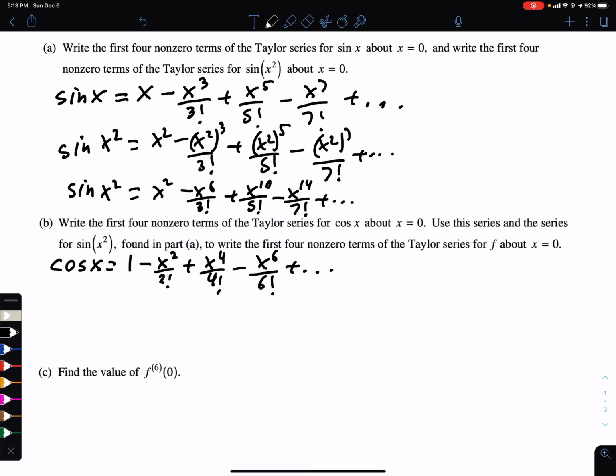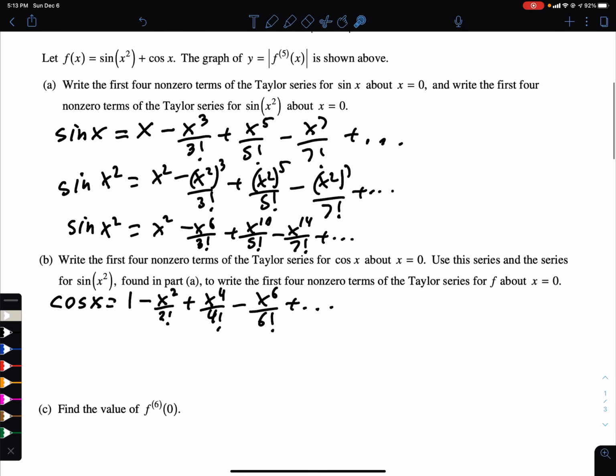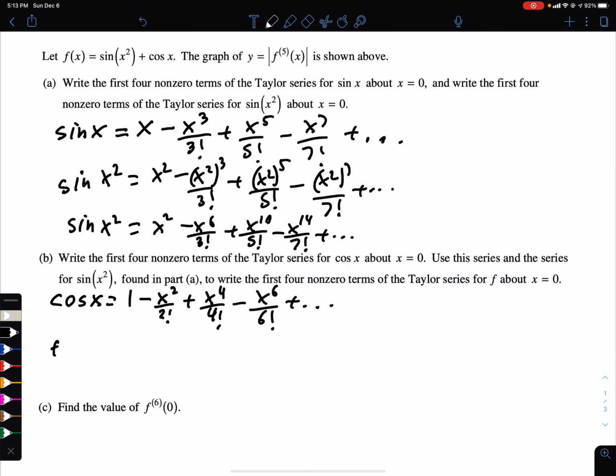So that's cosine, but what do they want? They want the series for what? F. F is sine plus cosine. That's the other thing we learned that you can do to Taylor series. If you have 2 Taylor series and you want the function for the sum of the 2 functions, you just sum the 2 series. So we are going to do that.